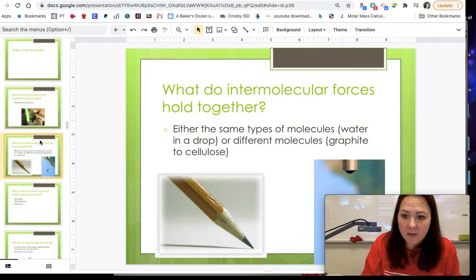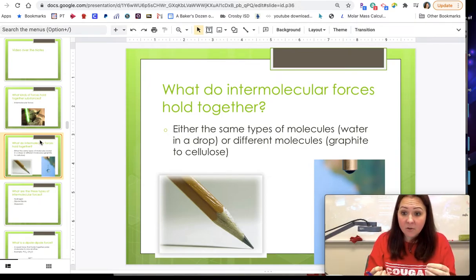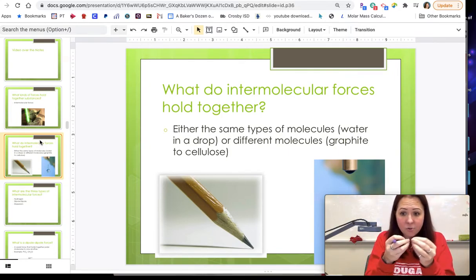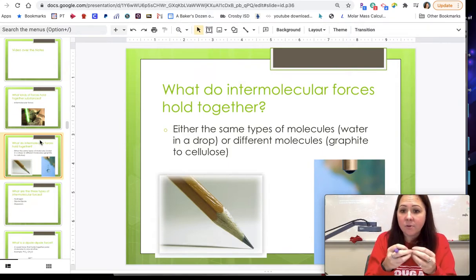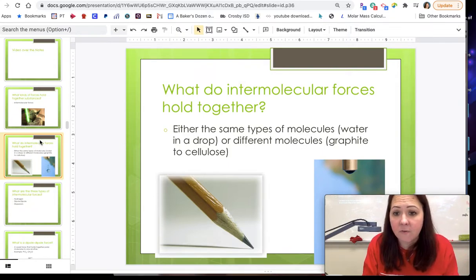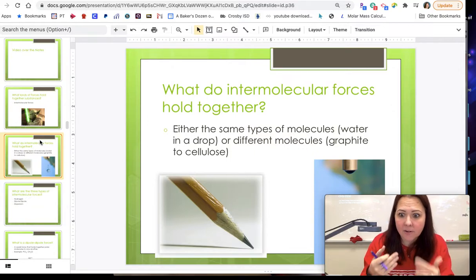Well, the reason why that happens is because you have cellulose, which comes from a tree, in the paper itself. And when that cellulose is not present in that particular part of the paper, the graphite from your pencil cannot actually adhere to the paper because there is no intermolecular forces that are available for that to happen, or the correct intermolecular forces for that to happen.